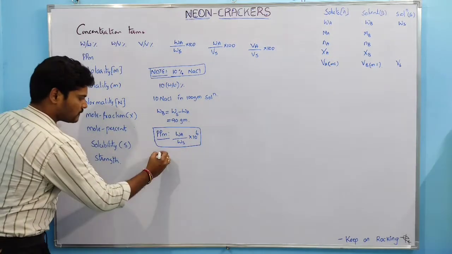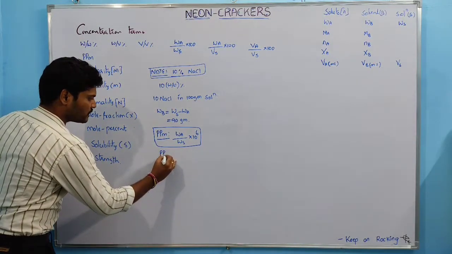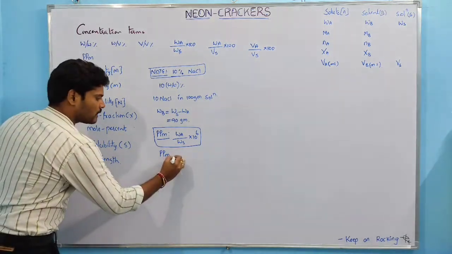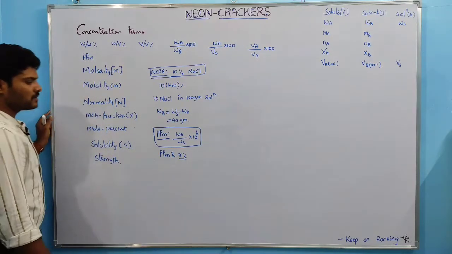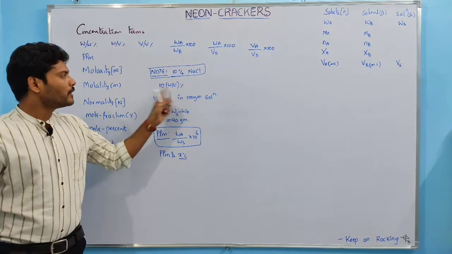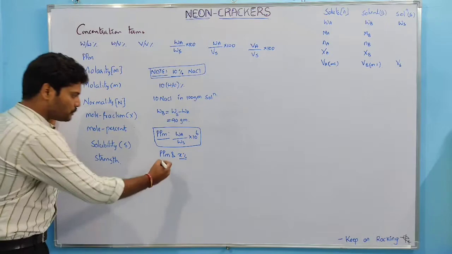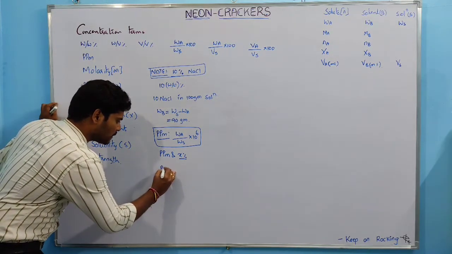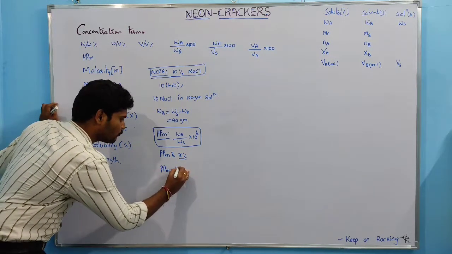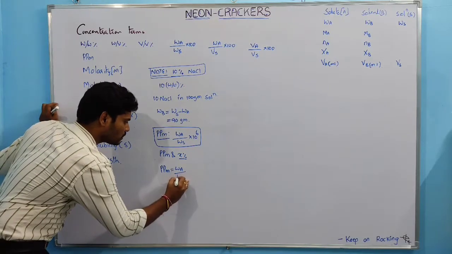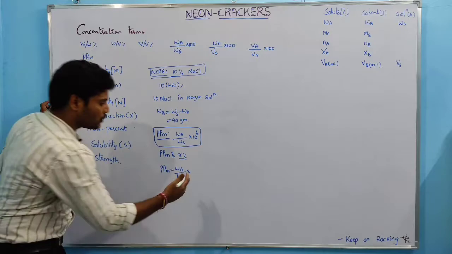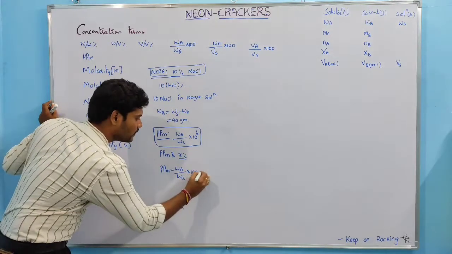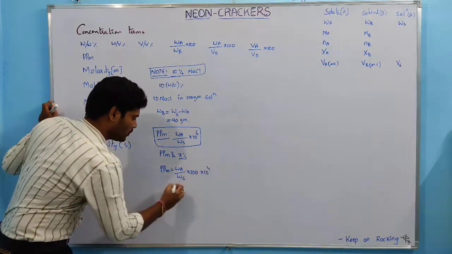So let's see the relation between ppm and x percent. X is nothing but, as I told you, if nothing is mentioned, that is to be considered as weight by weight percent. So ppm we can write as weight of the solute upon weight of the solution, into 10 to the power of 6. This 10 to the power of 6 we can modify as 100 into 10 to the power of 4, right?